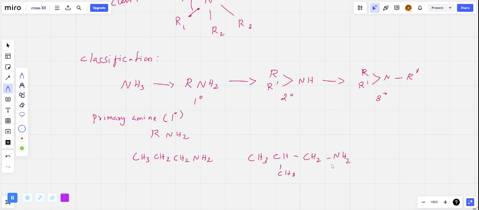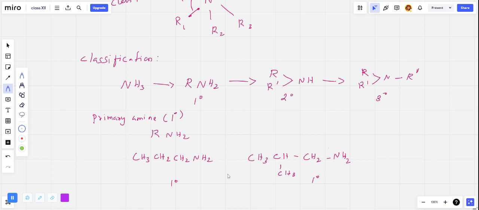Why is it primary? This is the amino group, and only one hydrogen in ammonia is replaced by the alkyl group. One alkyl chain is primary and the other is secondary, but in both one hydrogen in ammonia is replaced. So don't think this is a secondary amine because of the CH. That alkyl group is a secondary carbon, but as an amine, it is a primary amine.